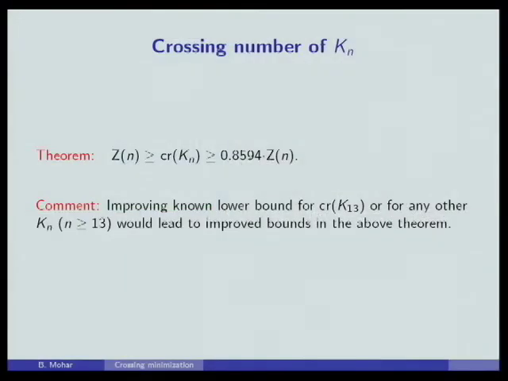So a corollary of this, what is known today, is that the crossing number of Kn is smaller than this conjectured value of Richard Guy from the previous slide, which comes from the cylindrical drawing.